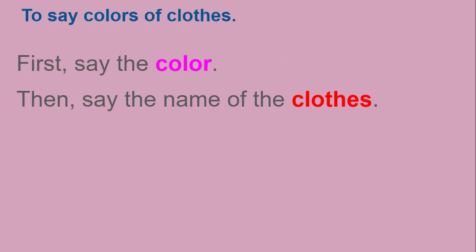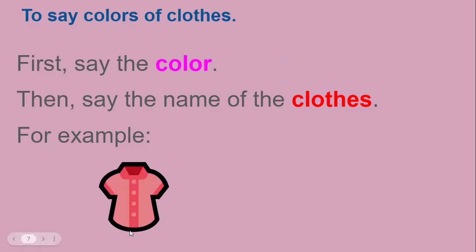then you would say yellow jacket. Okay? So first, say the color. After saying the color, you say the name of the clothes. All right? For example, this is another example.